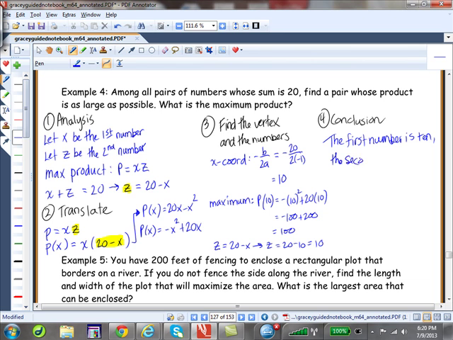The second number is 10. And the maximum product is 100. Okay?